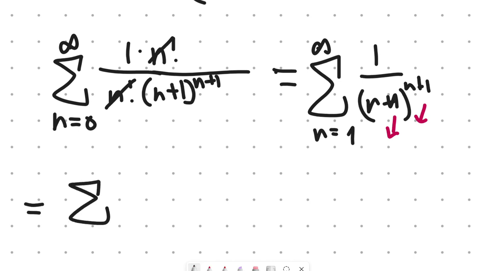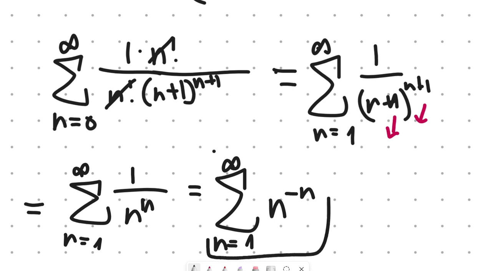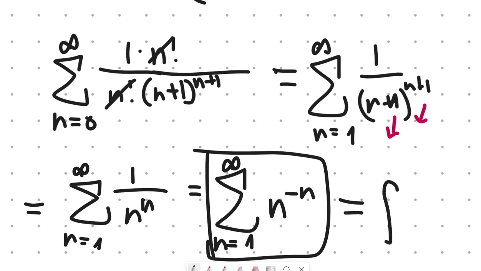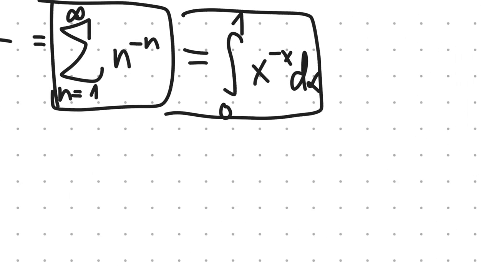So we will have the infinite summation where n goes from 1 to infinity of 1 over n plus 1 minus 1 is n, and n plus 1 minus 1 is also n, so we'll just have n to the n, which is just equal to the infinite summation from n equals 1 to infinity of n to the negative n. So this is just equal to the whole integral from 0 to 1 of x to the negative x dx.